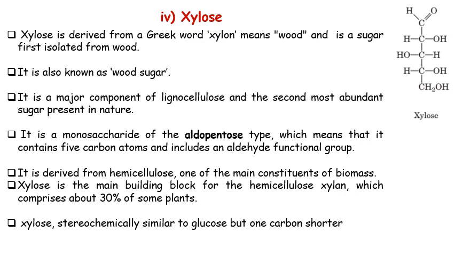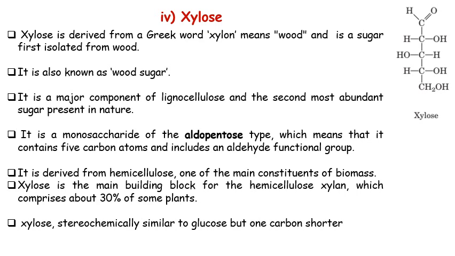Xylose is the main building block of the hemicellulose xylan, which comprises about 30% of some plants. So in most plants, hemicellulose makes up about 30% of the overall biomass.